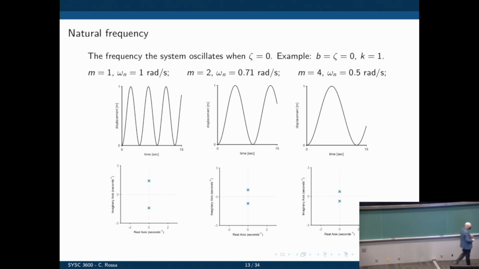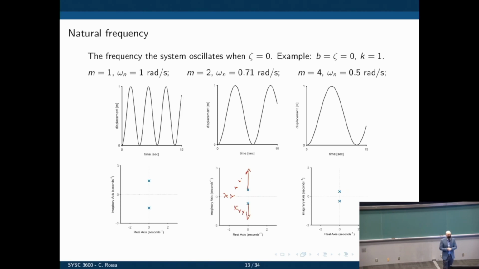All right, so we can now control the frequency of oscillations by making these poles translate here. We can change the shape of the time response by making the poles move along the S-plane by changing B, the damping ratio.